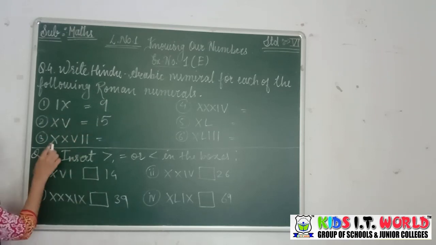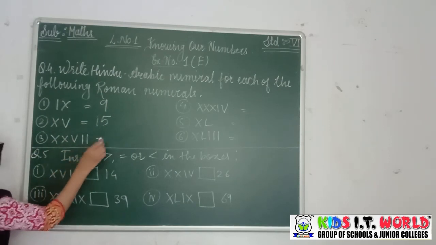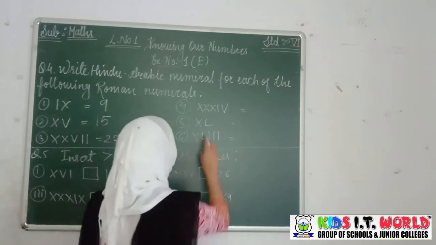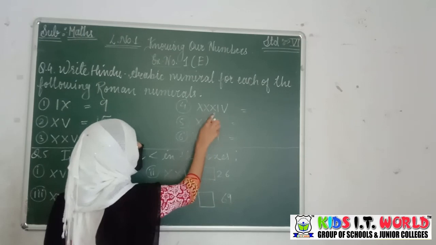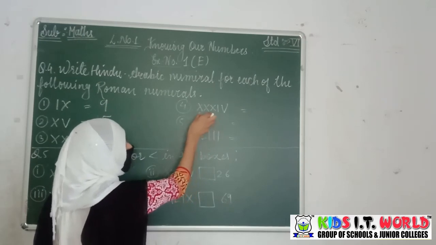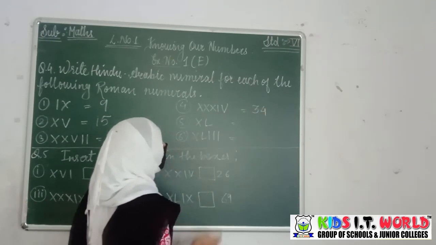X for 10, so this is 10 plus 10, 20, V for 5, 25 and this 2, so it will be 27. In this way you have to convert the Roman number into Hindu-Arabic form. Now here triple X is given to you, means 10 plus 10 plus 10, it will be 30. 30 and this is 4, so it will be 34.